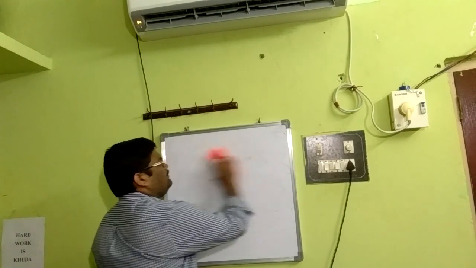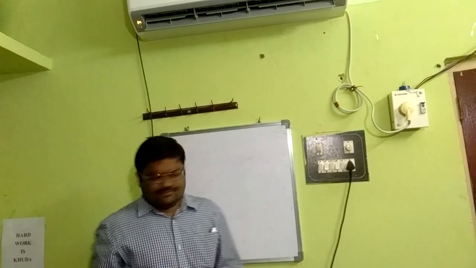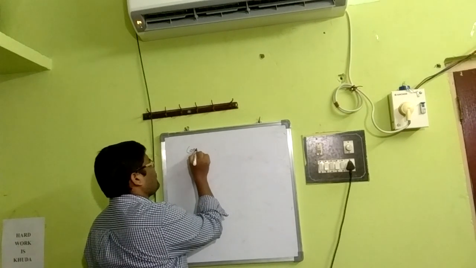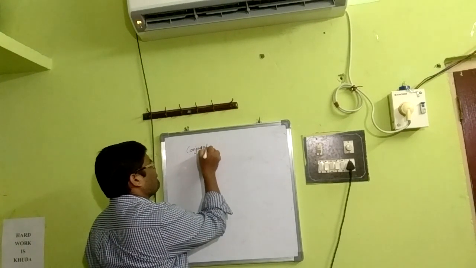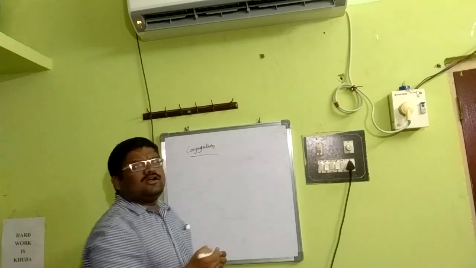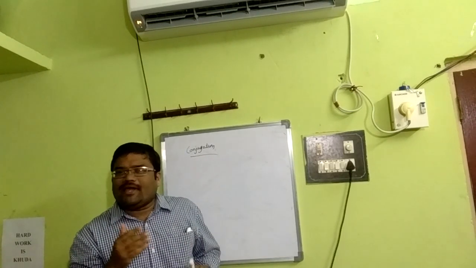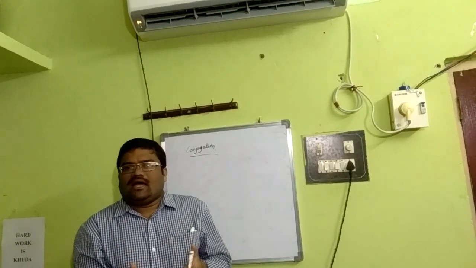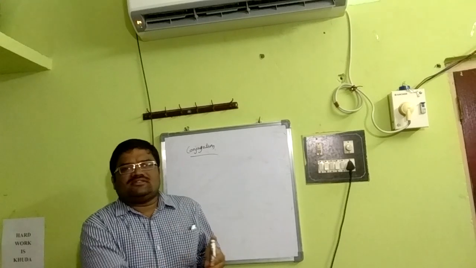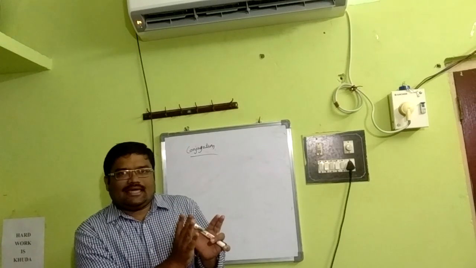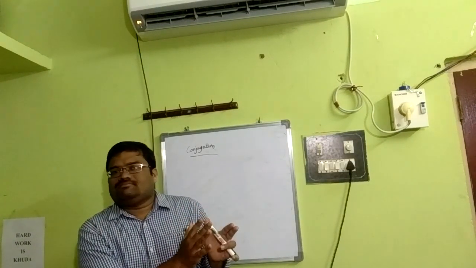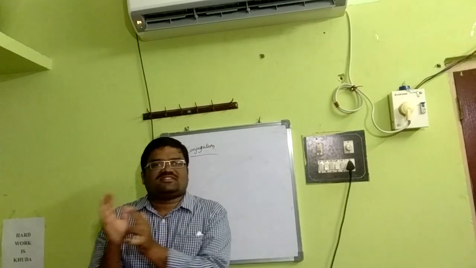Now, what is conjugation? Conjugation is a natural microbial recombination process. I'm not going into the details of the basics. For example, we know there is F plus versus F minus.